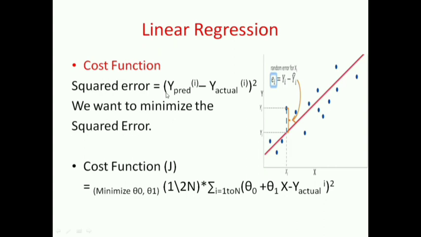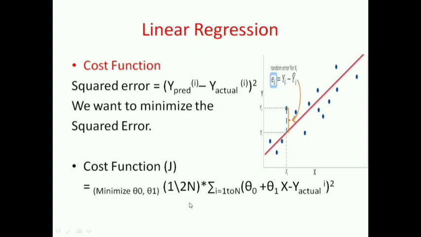If we write this equation mathematically, we can use the equation for y predicted. That is, theta naught plus theta 1 into x minus y actual, take the whole square, calculate this value for each and every point, and sum it up.